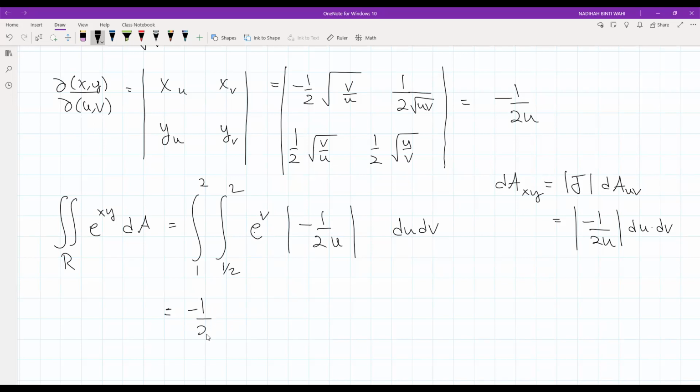This is positive because this is the absolute value. And then this is just the integral from 1 to 2 of e^v times 1/2, and then the integral of 1 over u absolute value du dv.